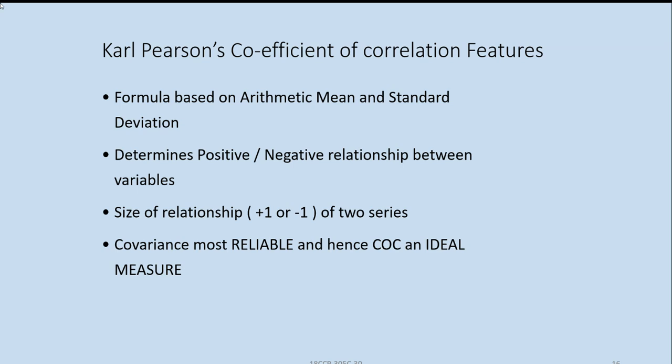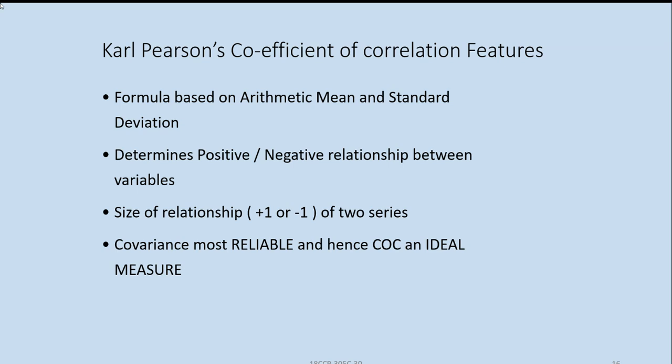And the size of the correlation relationship is always, as I said in the previous slide also, between +1 and -1. Covariance is most reliable, and hence coefficient of correlation is an ideal measure.